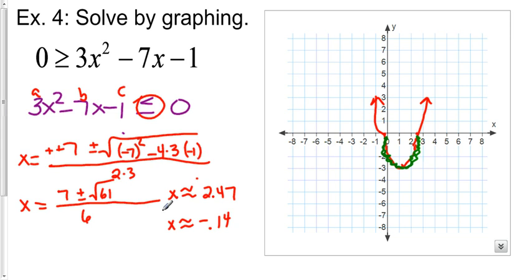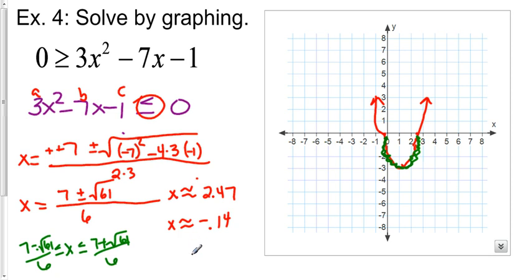one way to do it is, if we wanted to use our exact roots here, we could say x is in between, and we can include the endpoints because the symbol has an equal to underneath it: 7 minus the square root of 61 over 6, and 7 plus the square root of 61 over 6. This would be an exact way to say your answer.